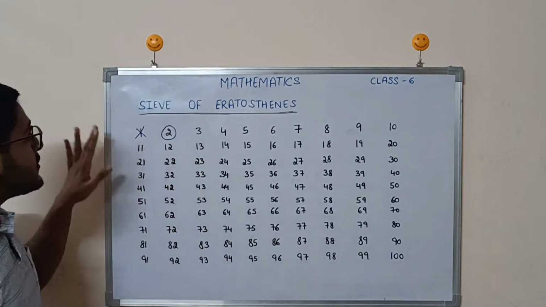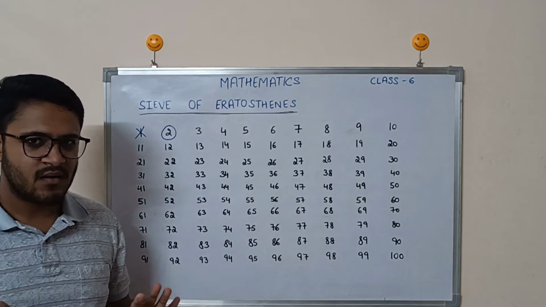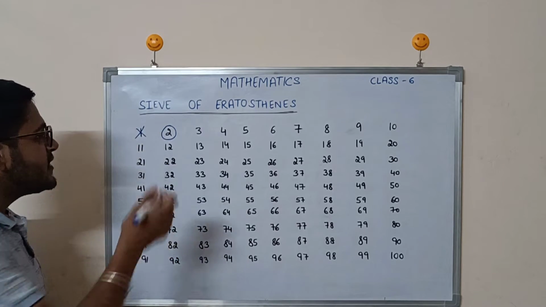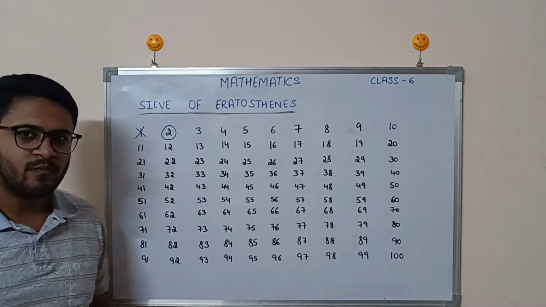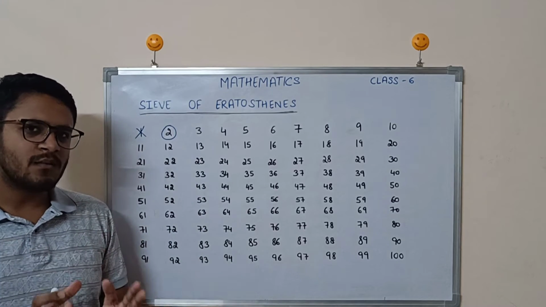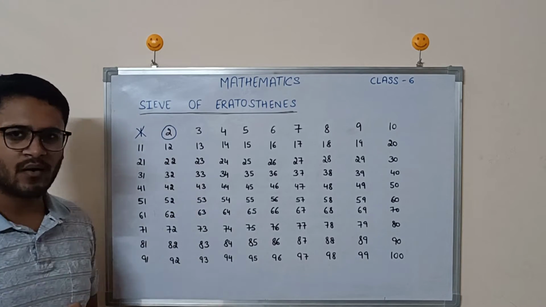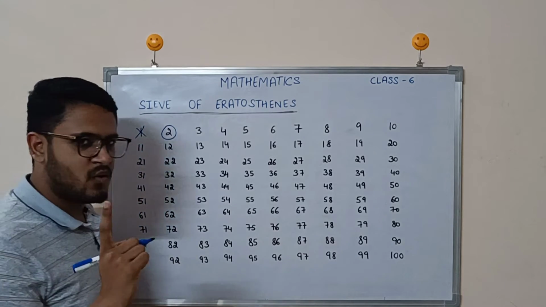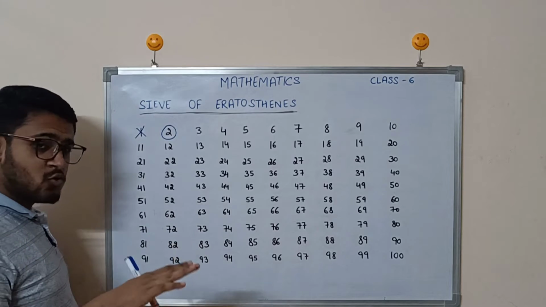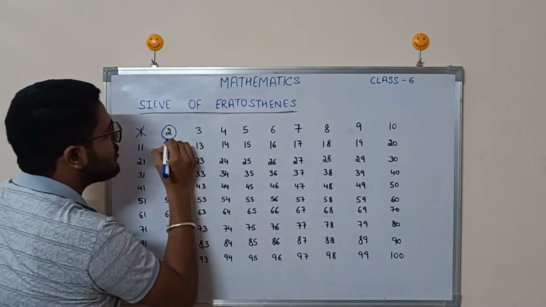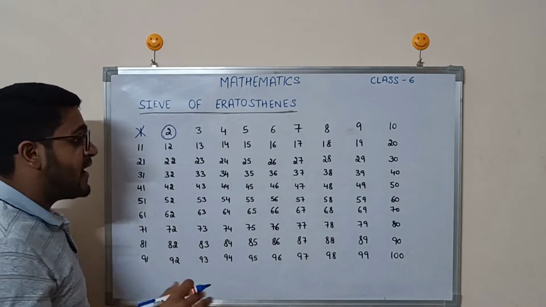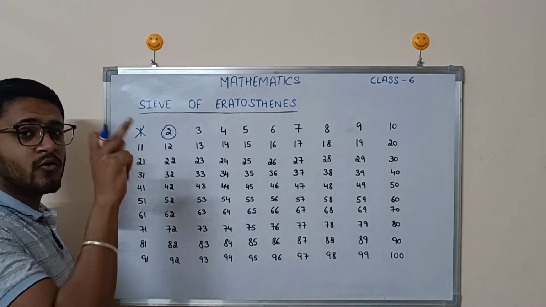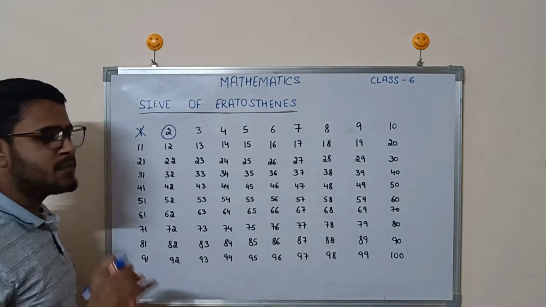Step 1 is we need to cross out the number 1, right? And step 2 is we need to encircle the number 2 and cross out all the multiples of 2. So firstly, in step 1 we crossed out the number 1. Then we went to step number 2, and what we did is we encircled the number 2, and now we are going to cross out all the multiples of 2.